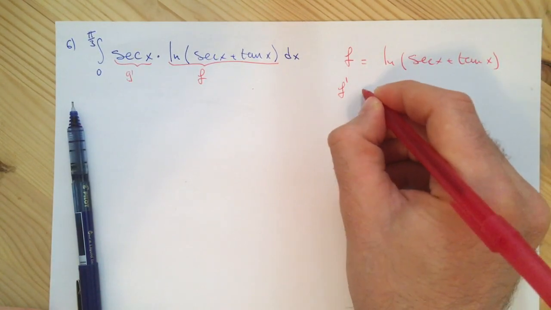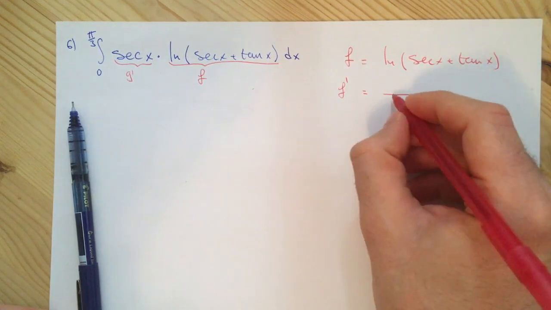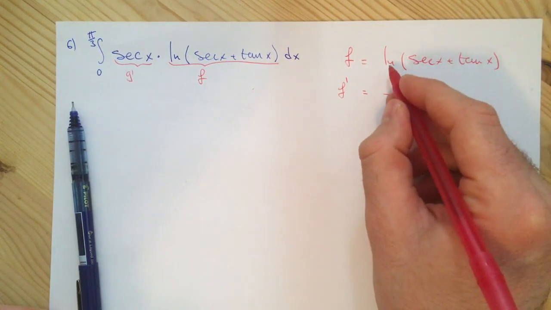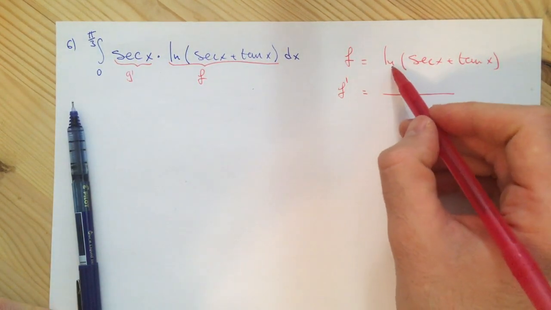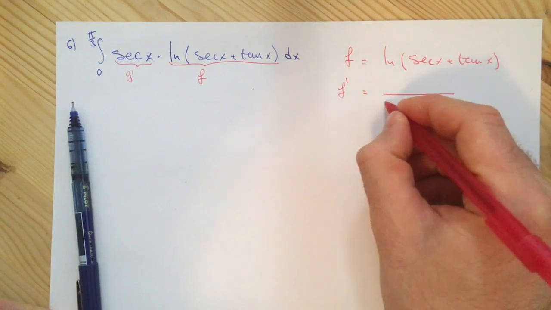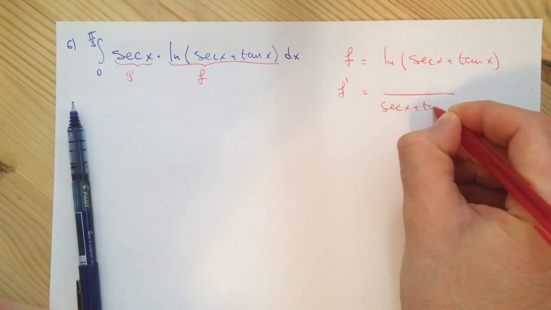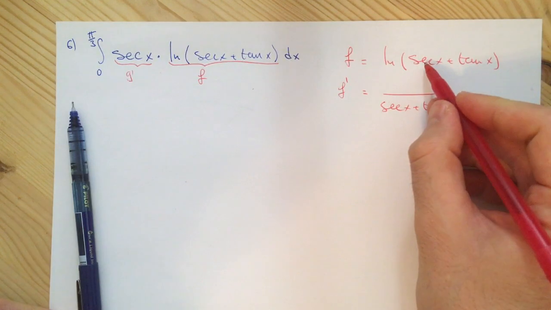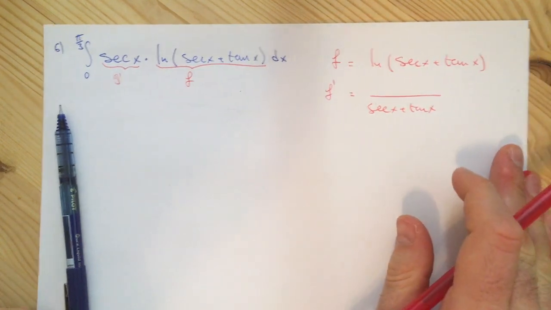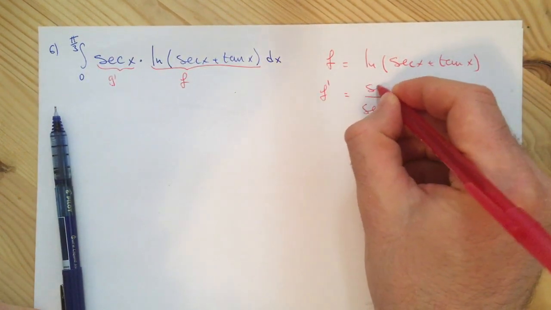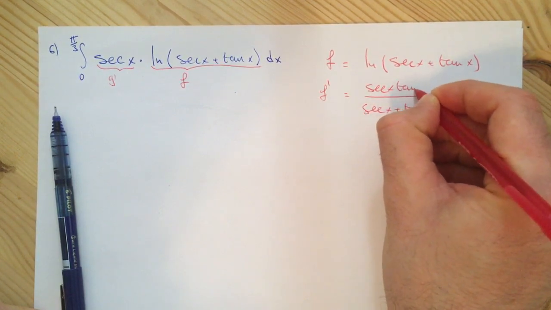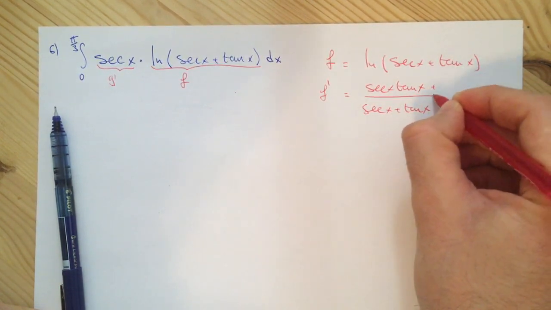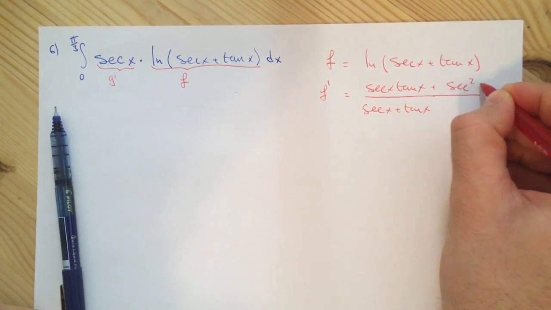then f prime is equal to, so derivative of ln of u is 1 over u, so that's secant of x plus tangent of x times u prime. And the derivative by the chain rule, derivative of secant is secant times tangent, and derivative of tangent is secant squared.